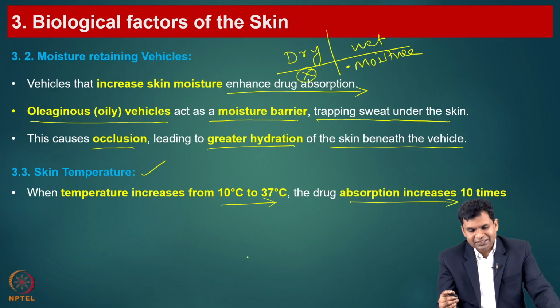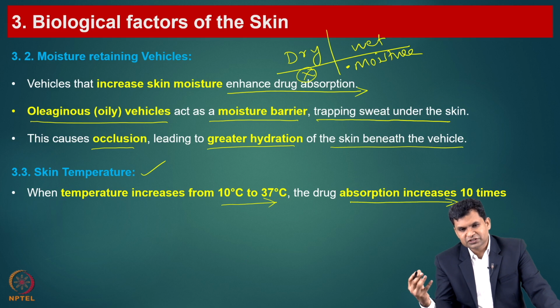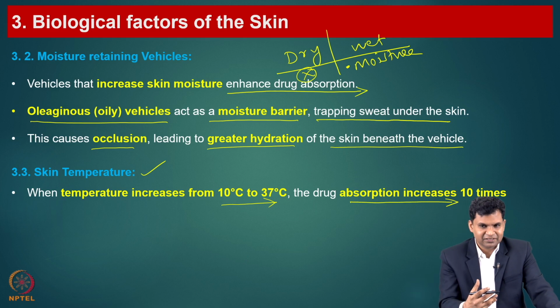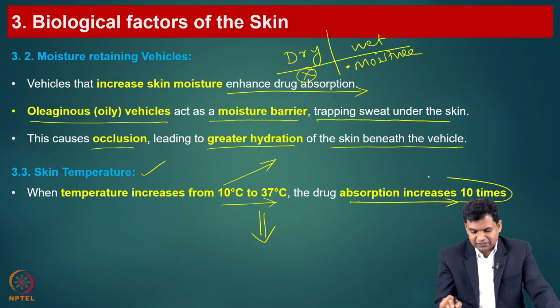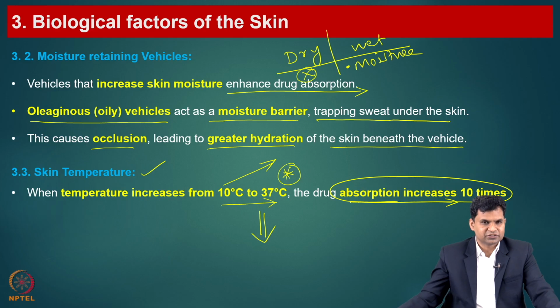In cold conditions, such as winter, when the temperature changes from 37 to 10 degrees centigrade, definitely you will see a decrease in drug absorption. And when you increase the temperature from 10 to 37 degrees centigrade, absorption will increase 10 times. So, we need to consider all this while developing the formulations.